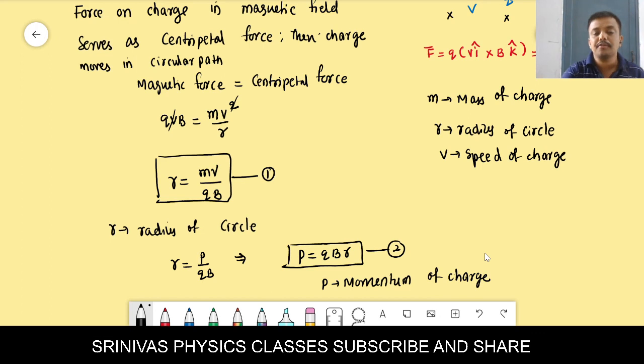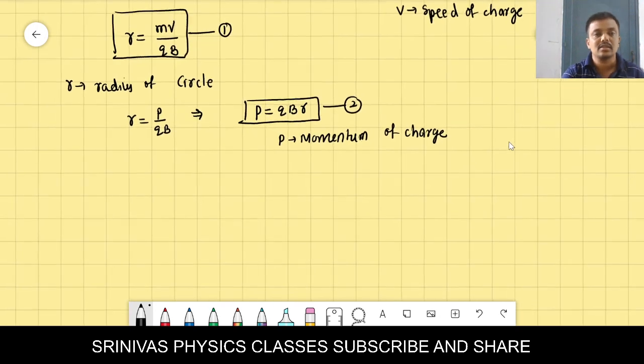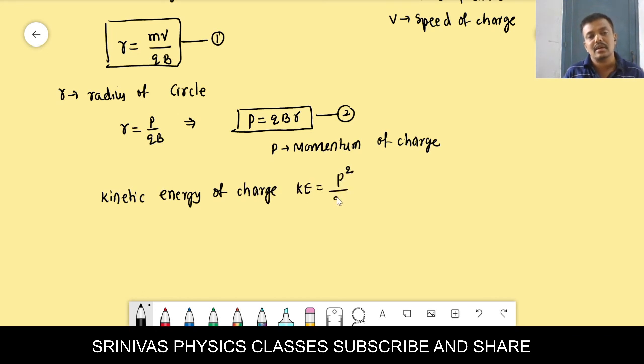If you want to find the kinetic energy of charge, the charge is moving along the circular path when velocity is perpendicular to magnetic field. How can we find it? The kinetic energy KE is equal to p square by 2m, the relation between kinetic energy and momentum that you learned in the 9th and 11th class.